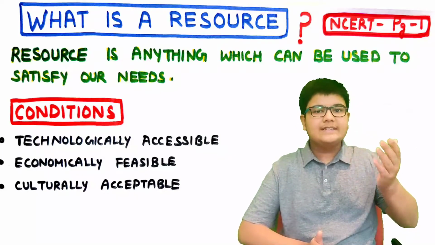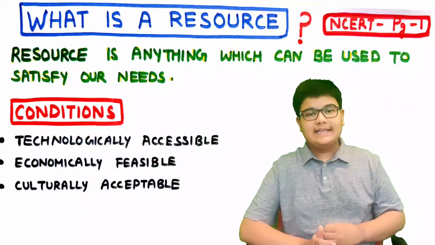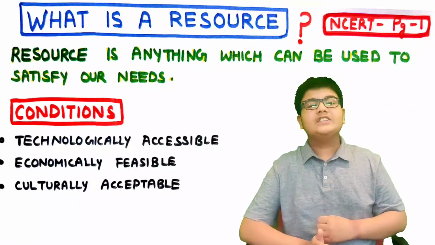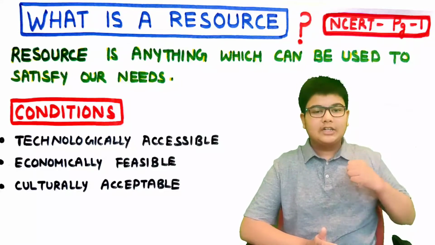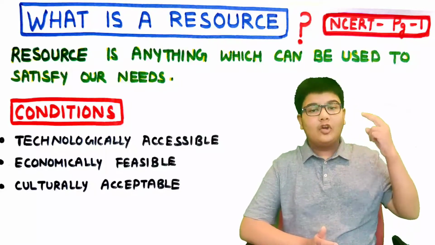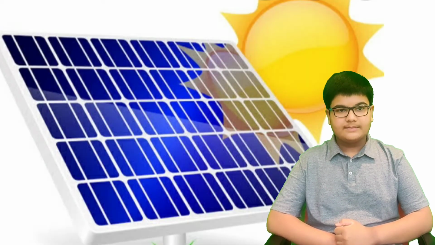So on the basis of this example, we can summarize the definition of resources as: a resource is anything which can be used to satisfy our needs, provided that it is technologically accessible, economically feasible, and culturally acceptable. Now let us take another example to understand the definition of resource, that of solar energy.